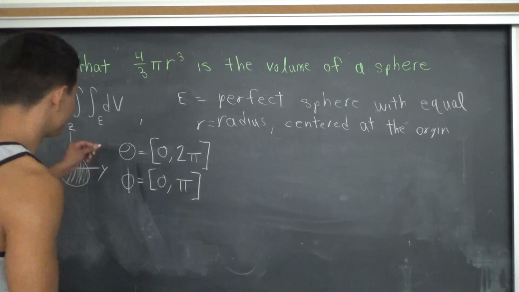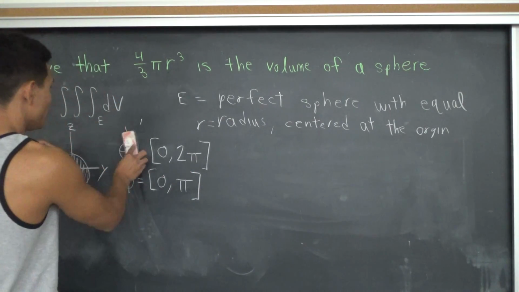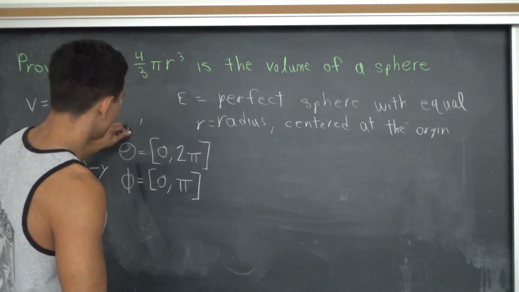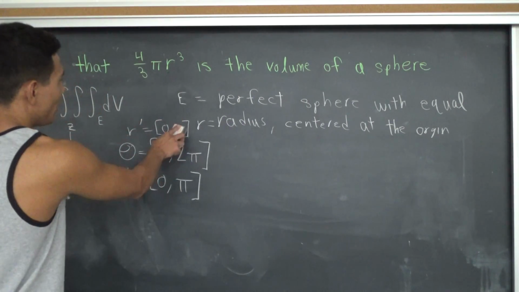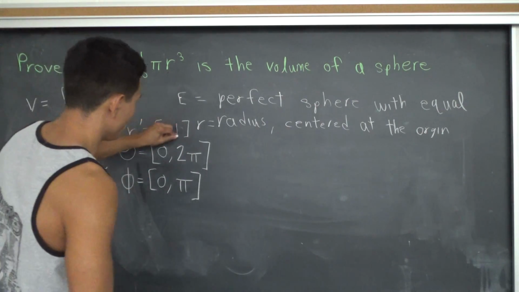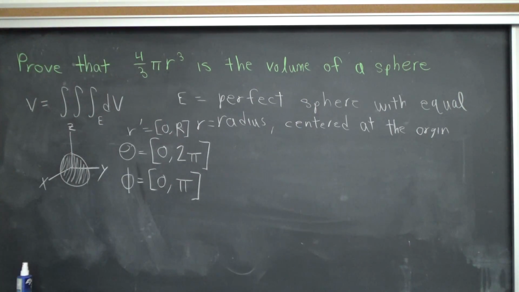And then the radius itself, we'll just write radius r is equal to 0 to R. I'm going to use a big capital R here, just for the sake of notation, so it looks a little bit better. So these are our parameters. Now, note that we have dV here.